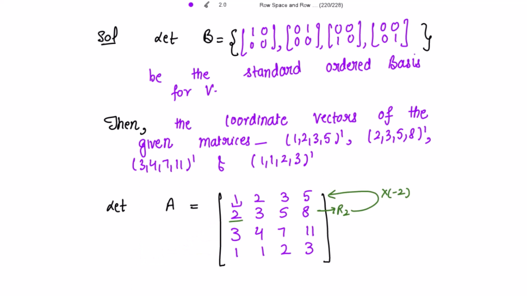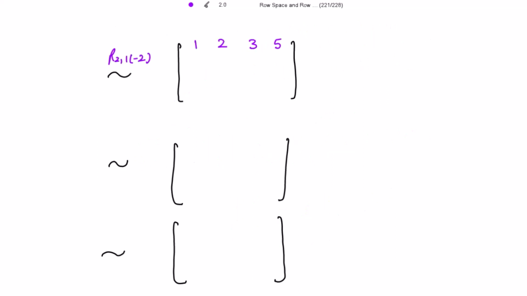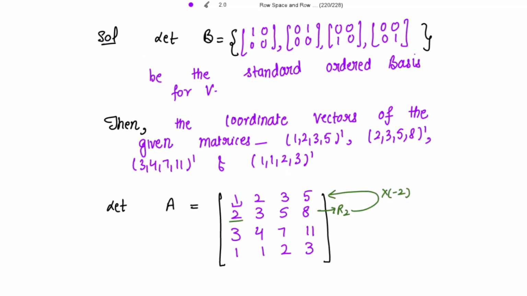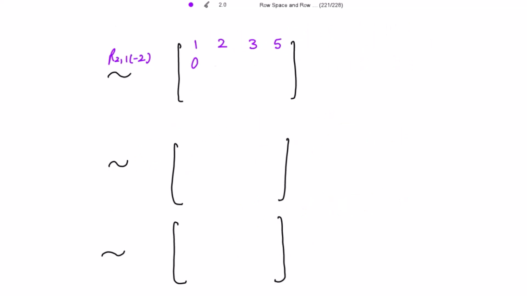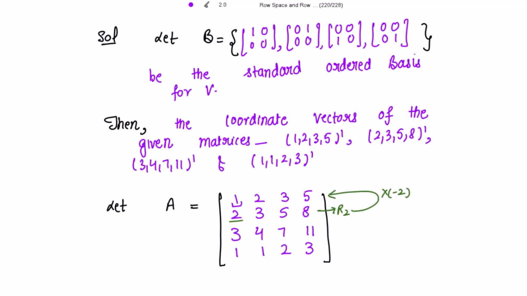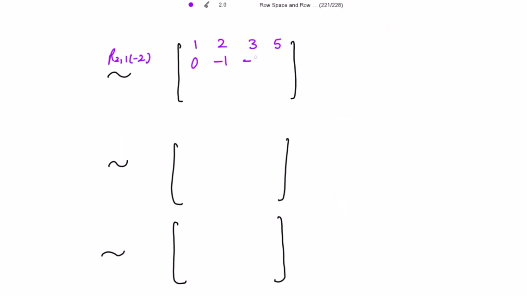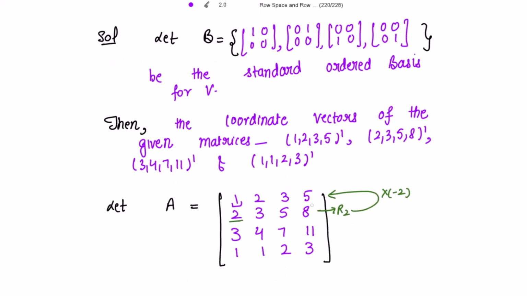Writing the first row as it is: 1 times -2 is -2, adding this to 2 we get 0. 2 times -2 is -4, adding this to 3 we get -1. 3 times -2 is -6, adding this to 5 we get -1. 5 times -2 is -10, adding this to 8 we get -2.